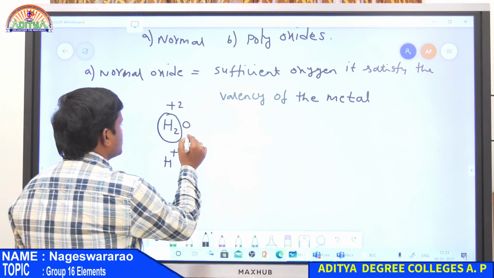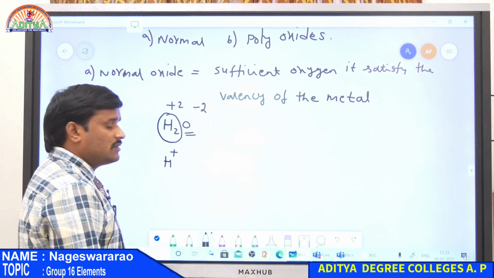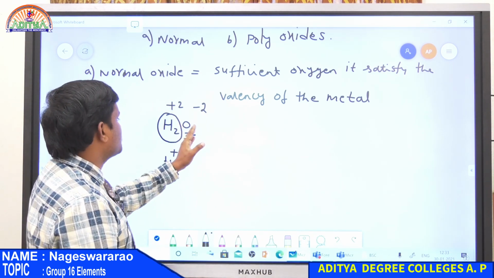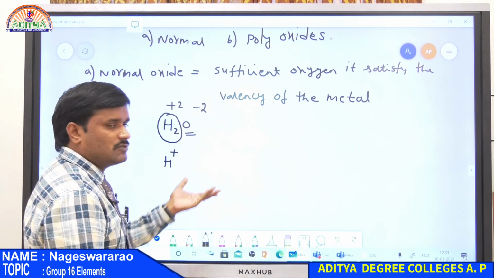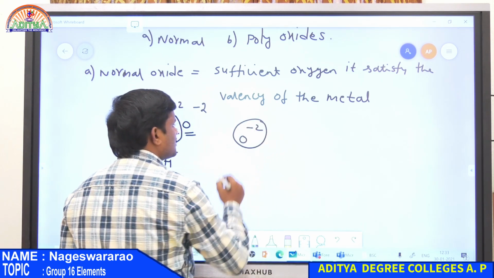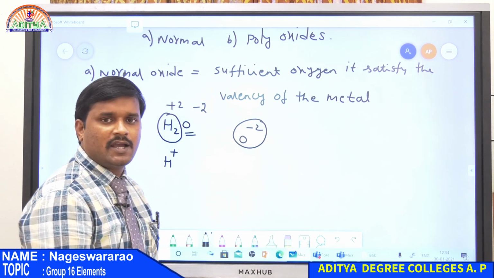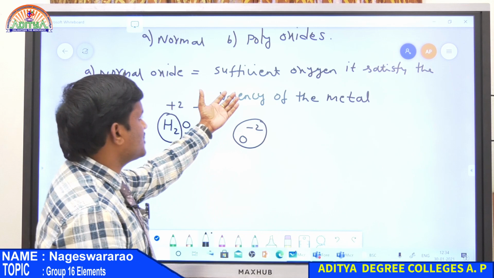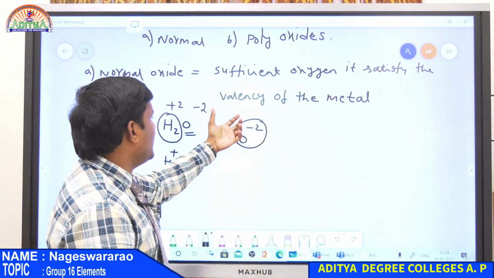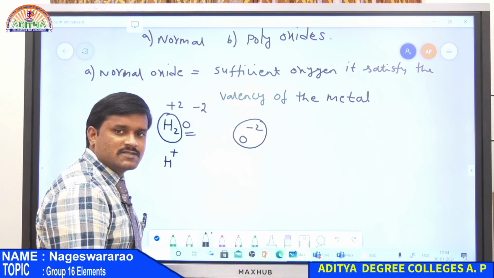Oxygen has a -2 charge, so the total valency of the metal is +2 and it is satisfied by oxygen's -2. This is the general oxidation number of oxygen, -2. Therefore there is sufficient oxygen and it satisfies the valency, so H2O is a normal oxide.